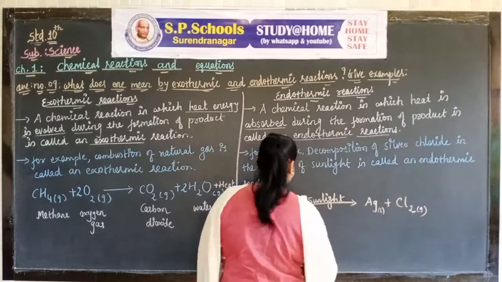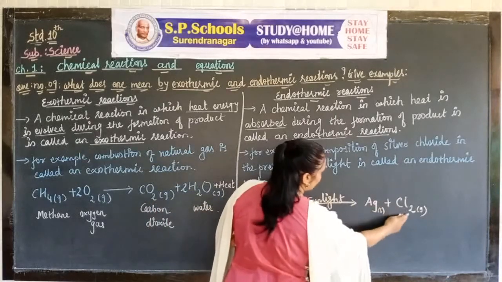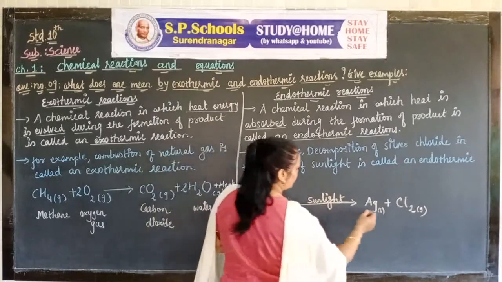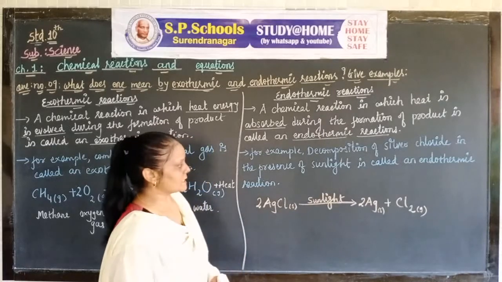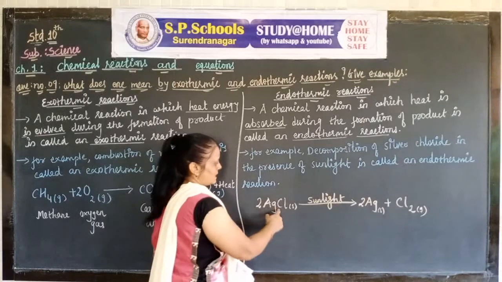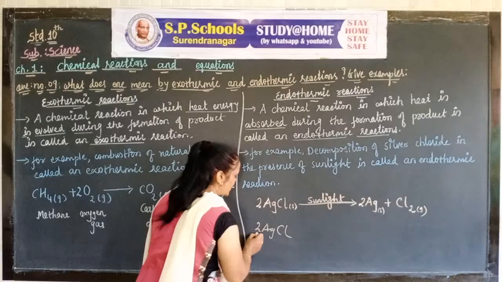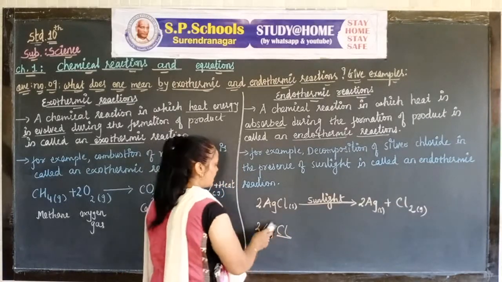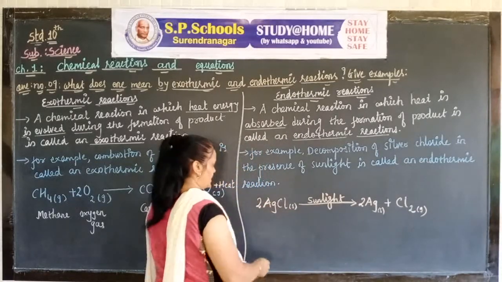To balance the equation, here Cl is 1, Ag is 1, but Cl has 2 atoms, so put 2 before AgCl and put 2 before Ag. Now the products and reactants atoms are the same, 2Ag and 2Cl.